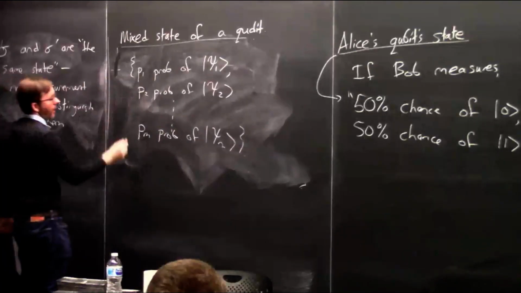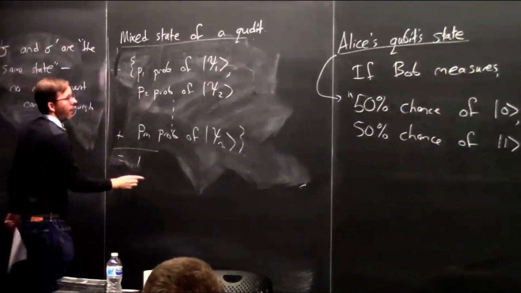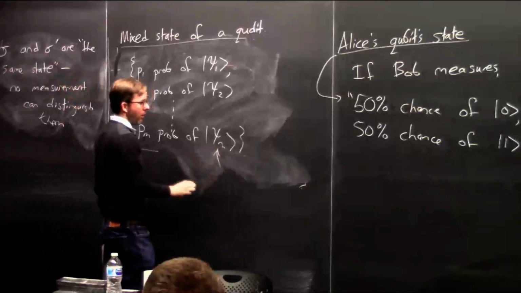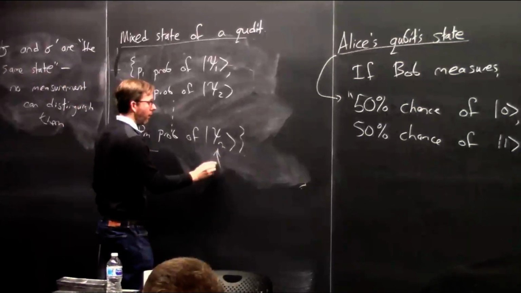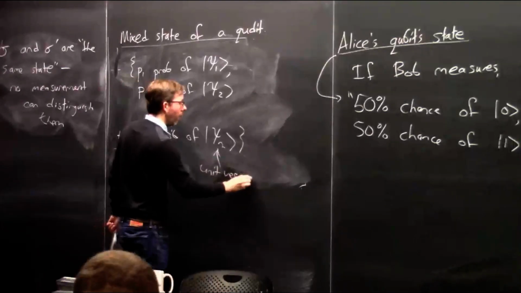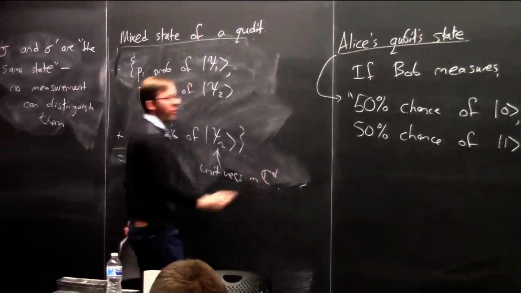And of course, these should be non-negative numbers that add up to 1. And these should all be qubit states, so they should be unit vectors in some d-dimensional space.